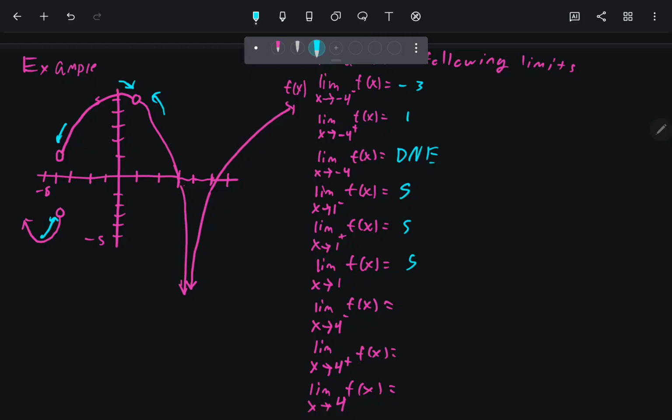Now let's look down here at x equal to 4. It looks like these approach -infinity, so -infinity from the left. As we get really, really close to 4, it approaches -infinity. And as we get really close to 4 from the right, it also approaches -infinity. So the limit is also -infinity.